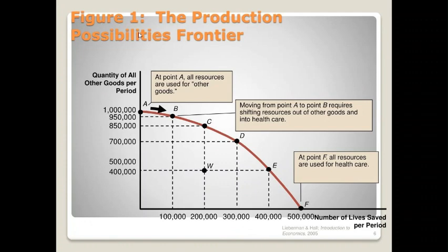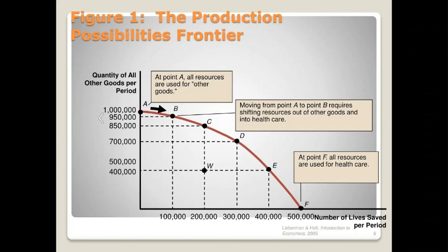So in this, for instance, this is figure one. This is our first actual figure. We have 1 million quantity of goods per period, and lives saved per period. So you have the comparison between goods per period and lives saved per period. In order to increase the production capacity of lives saved per period, we had to give up 50,000 goods per period.